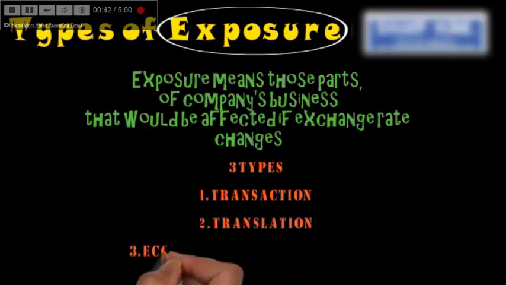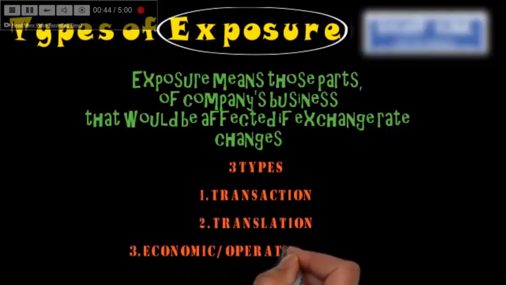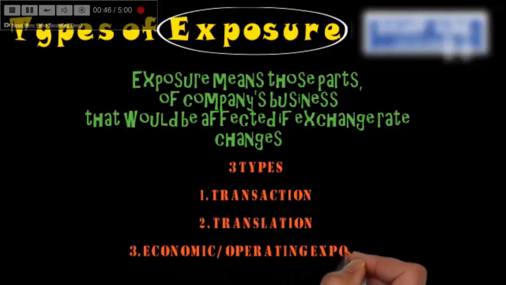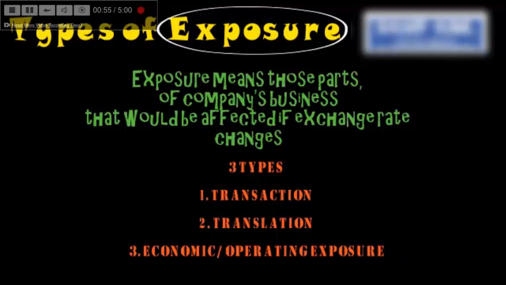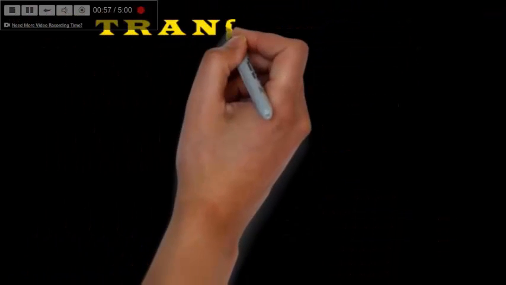Now there are three types of exposure. The first one is the transaction exposure, the second is the translation exposure, and the third is economic or operating exposure. So the first one, the yellow one, is the transaction exposure.